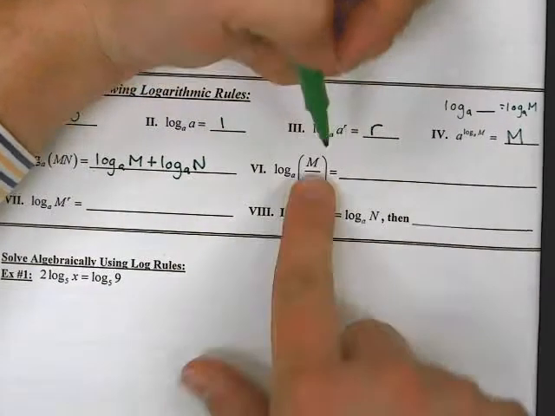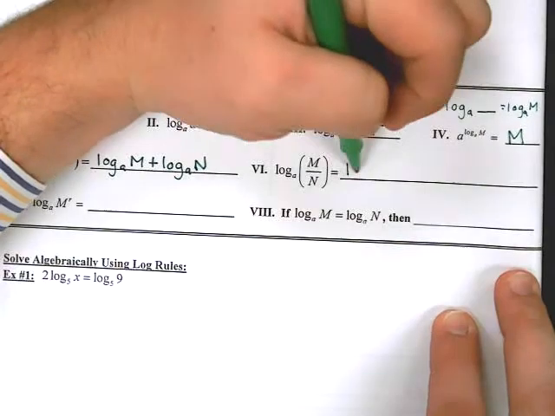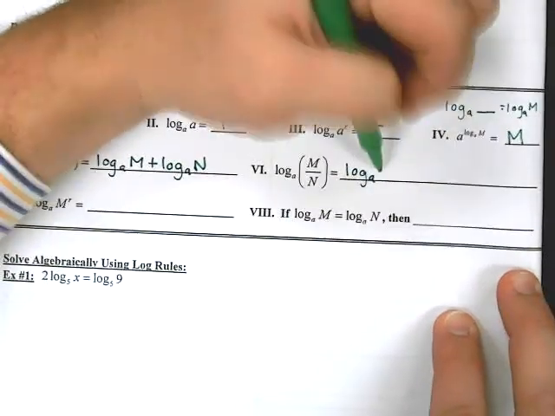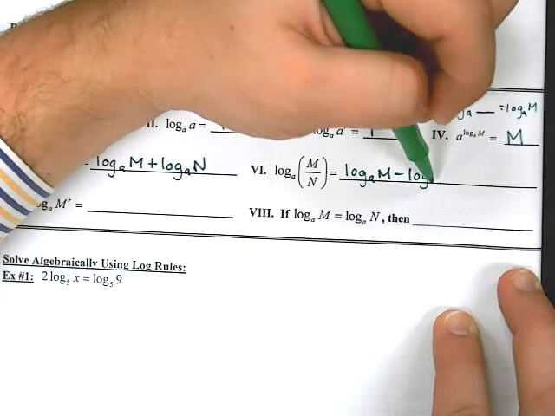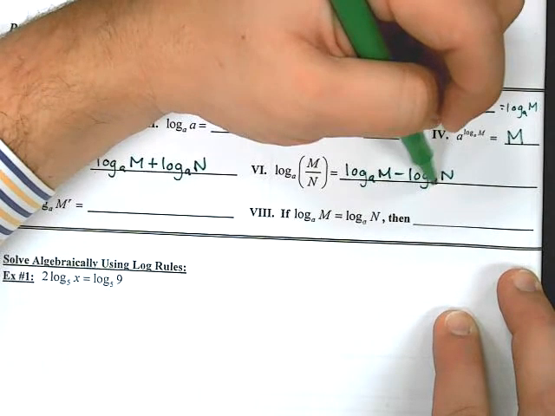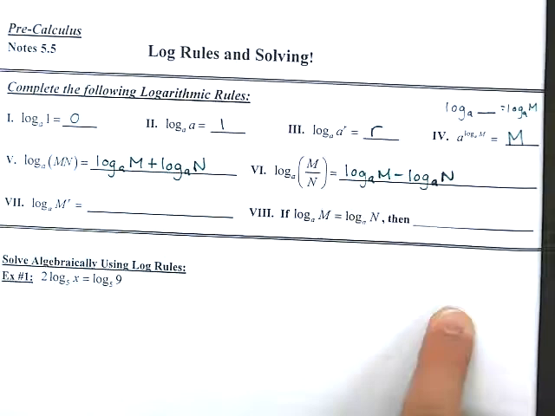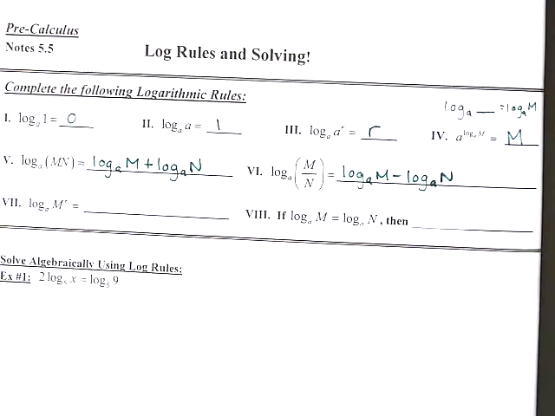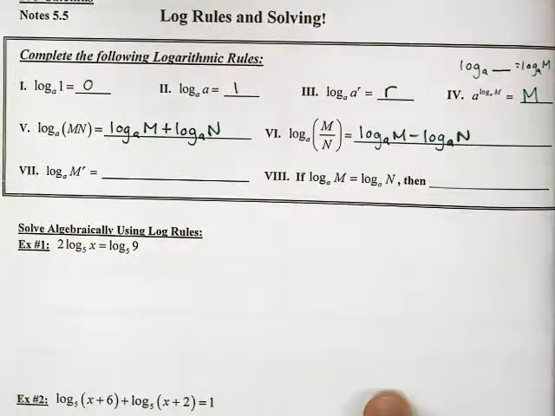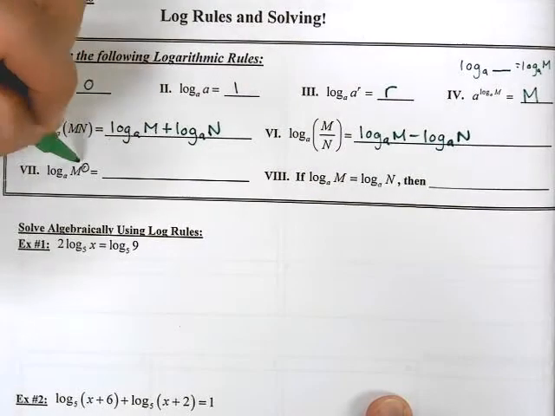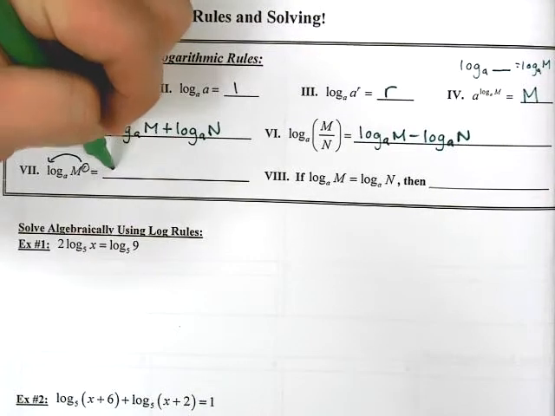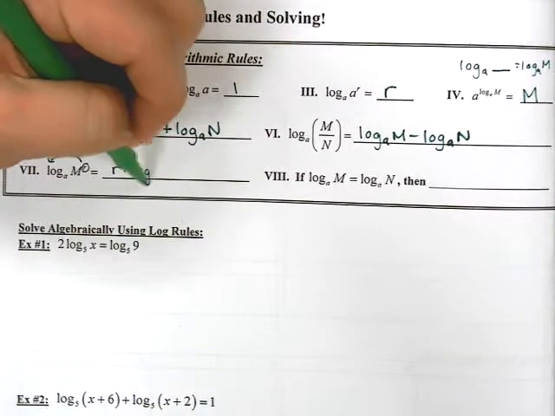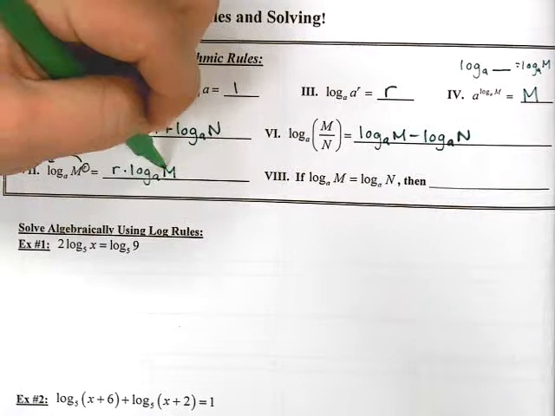When we have division inside the argument, it works very much the same. However, we need to subtract the logs to separate. Okay? We separate the logs using subtraction. Our next rule over here, we remember that when we have a power with a log, we can always bring it out front. So this would be r log base A of m.